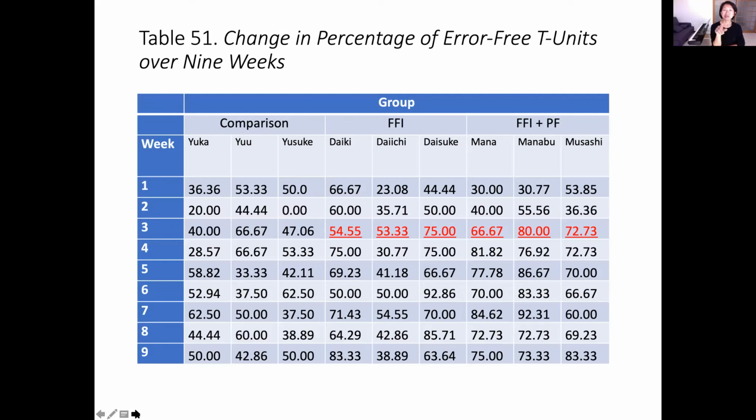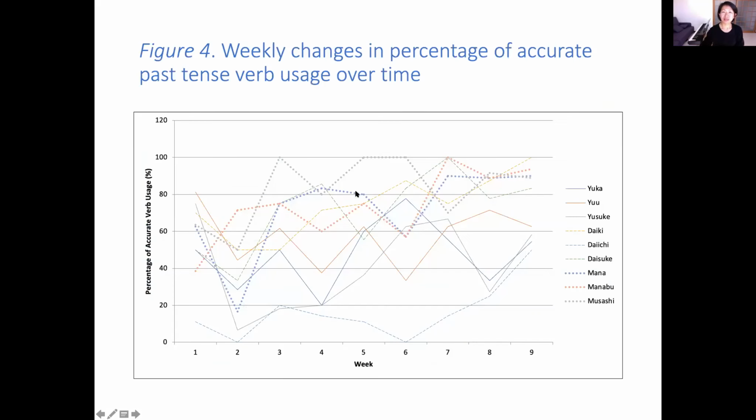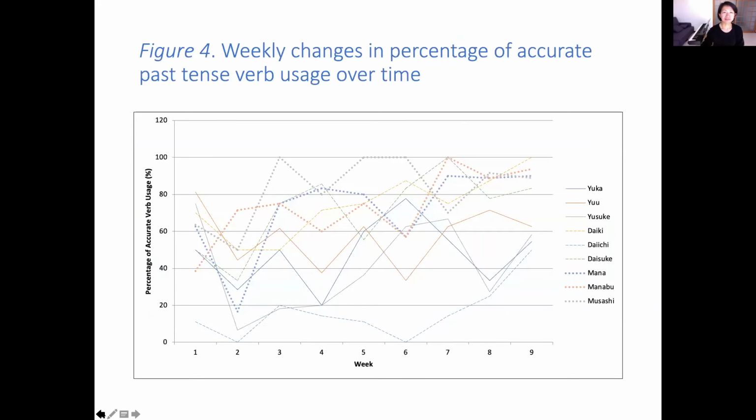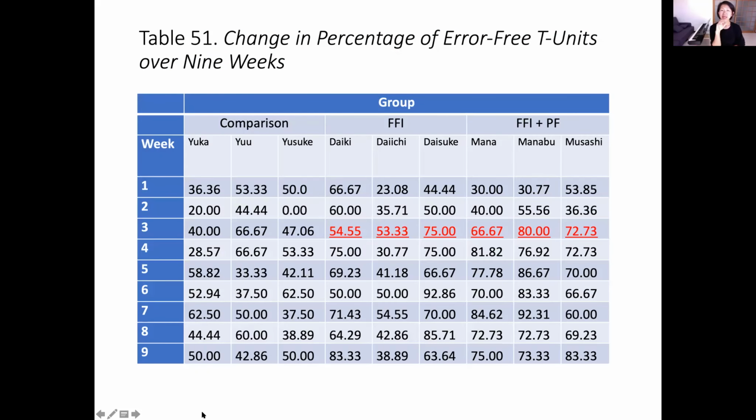Looking at this, you can see that both the FFI and the FFI ×2 groups outperform the comparison group.